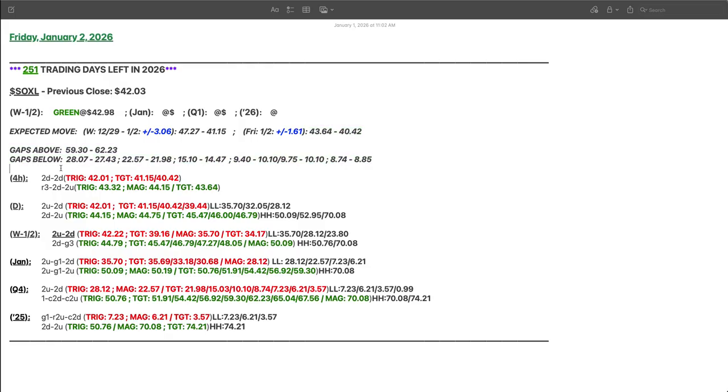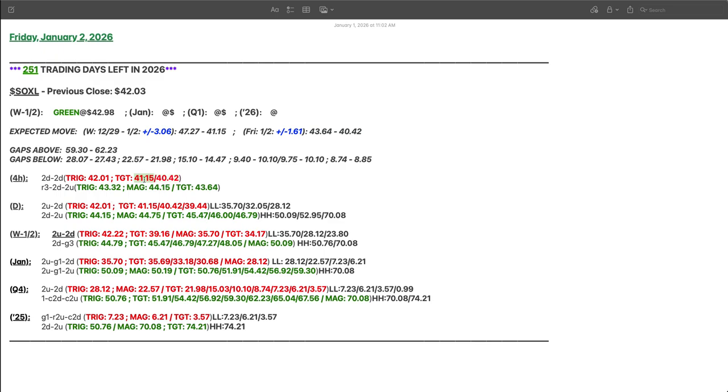And we know that from a scalping perspective or an early entry perspective on a day trade, we want to look for higher lows at or above opening print to get into calls, and we want to look for lower highs at or below opening print to get into puts. We talked about on the 4-hour chart, if we continue the action to the downside, that is a 2 down, triggering at 42.01. And we've got these targets of 41.15 and 40.42.